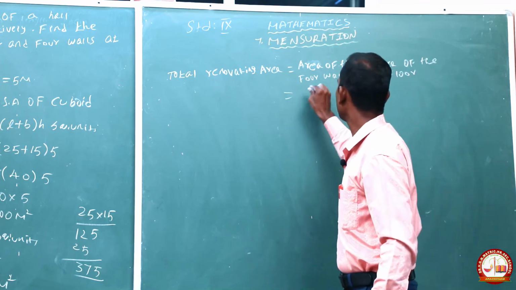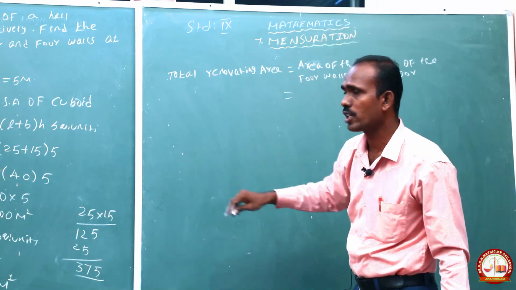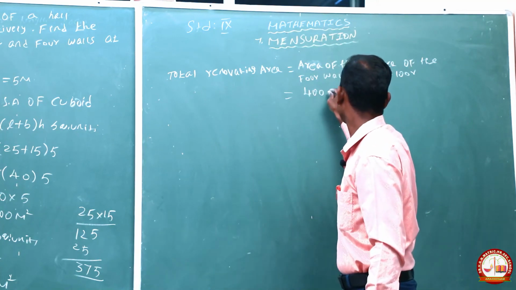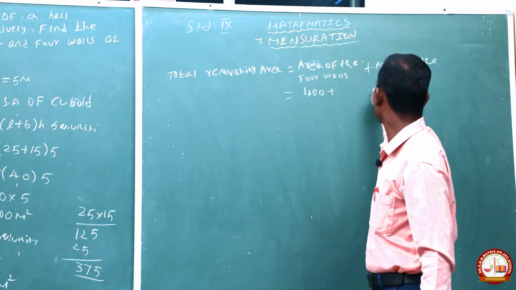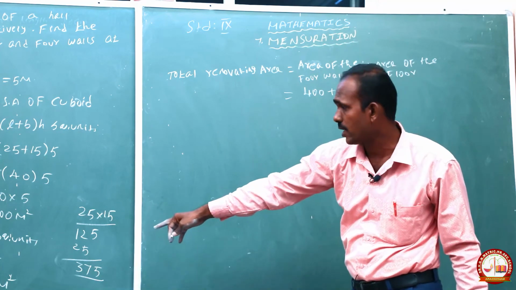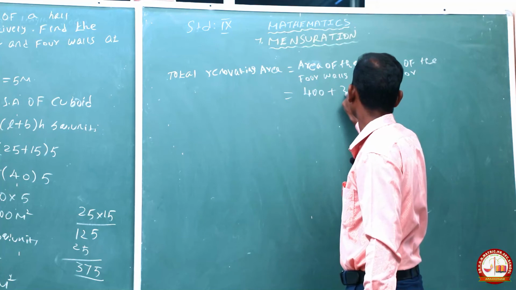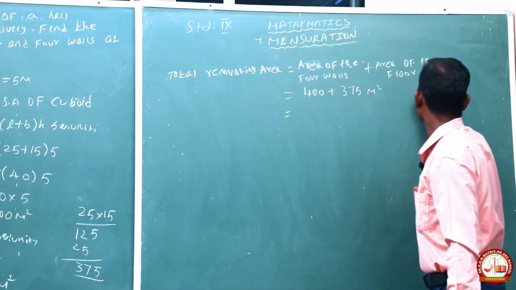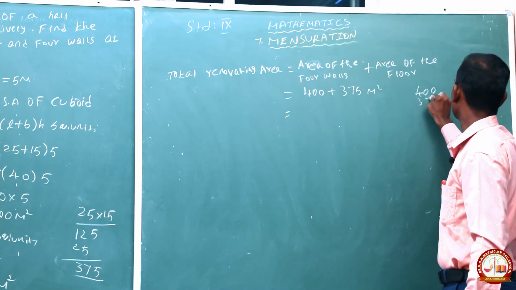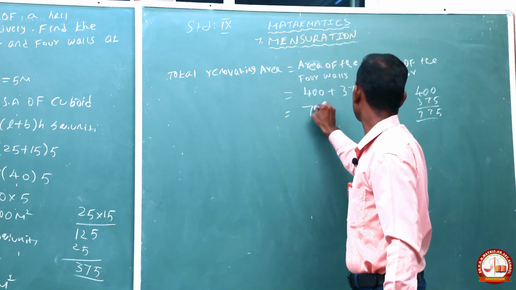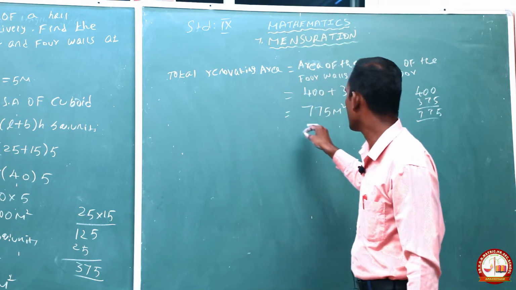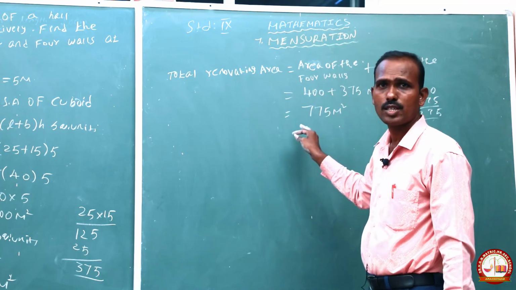We find area of the 4 walls is 400 meter square. And what is the area of the floor? We find here 375 meter square. So we add these two, 400 and 375. So 5, 7, 7. So 775 meter square. So total renovating area is equal to 775 meter square.